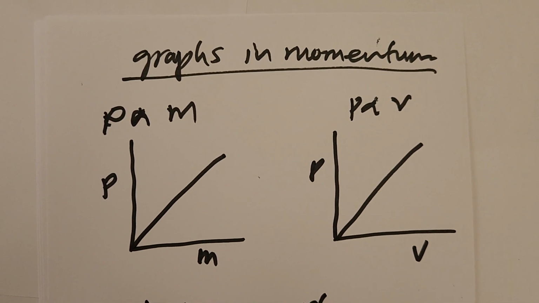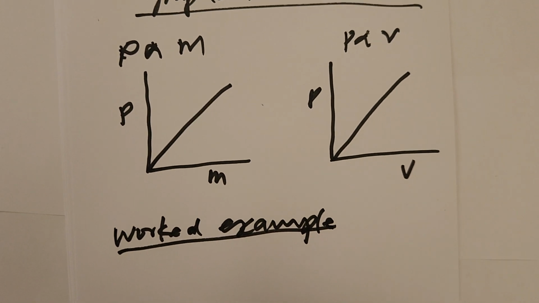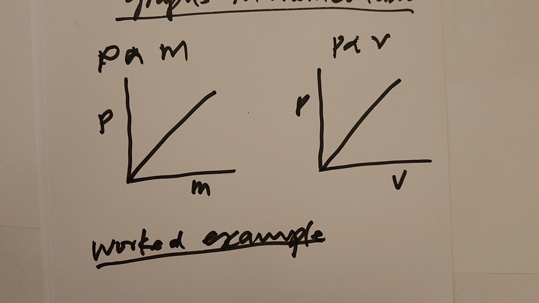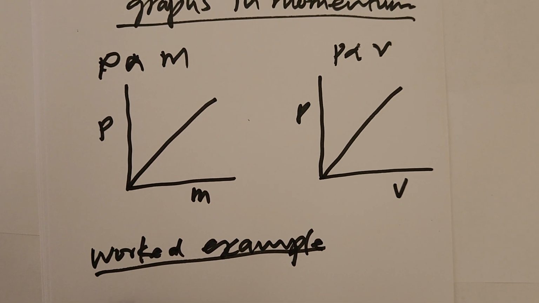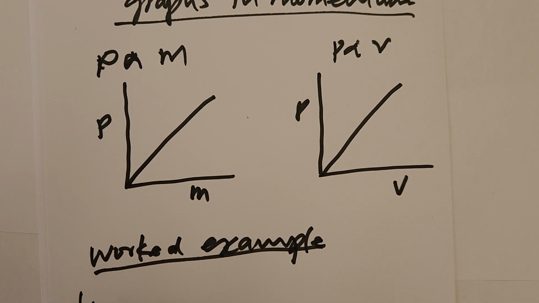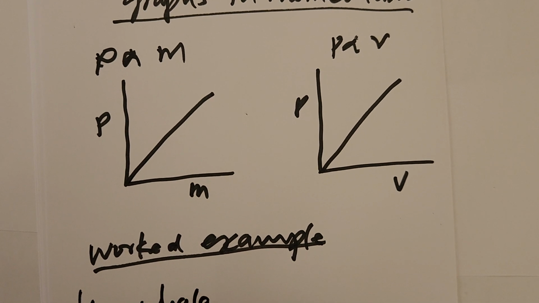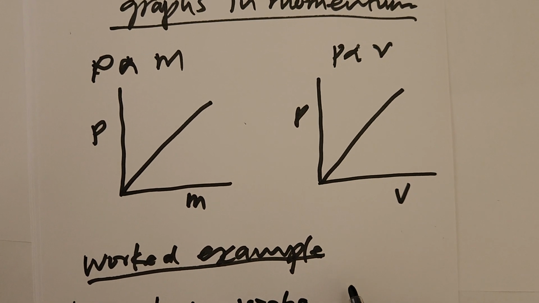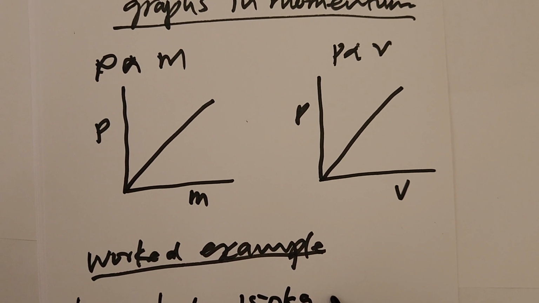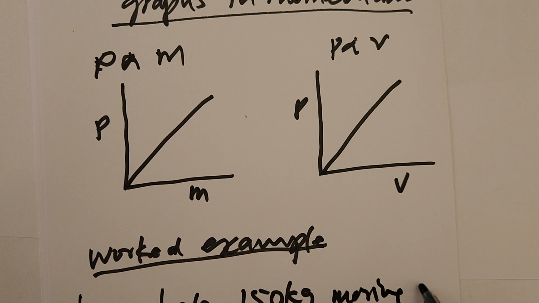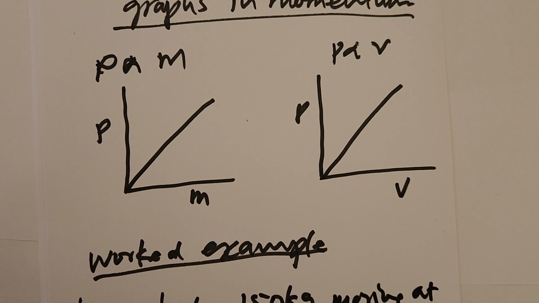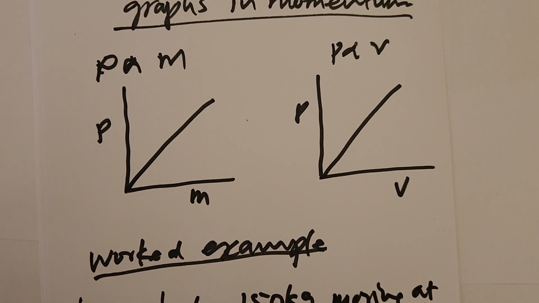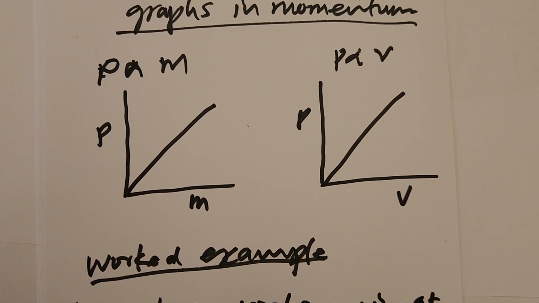A blue whale of 150 kilograms is moving at 2 meters per second, let's say east.